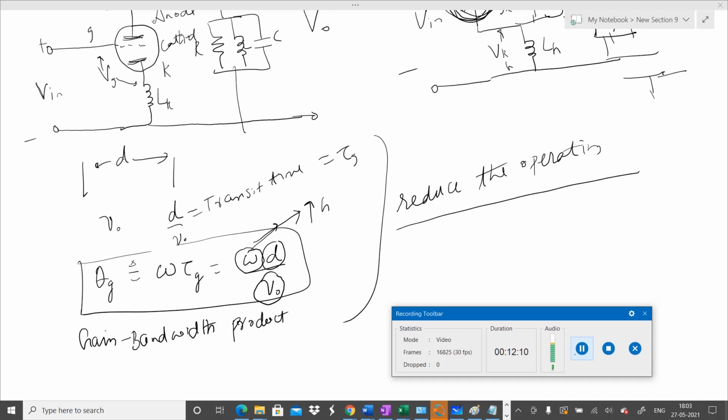Hence again we need different tubes for microwave circuits, so that we can increase the gain bandwidth product with frequency.